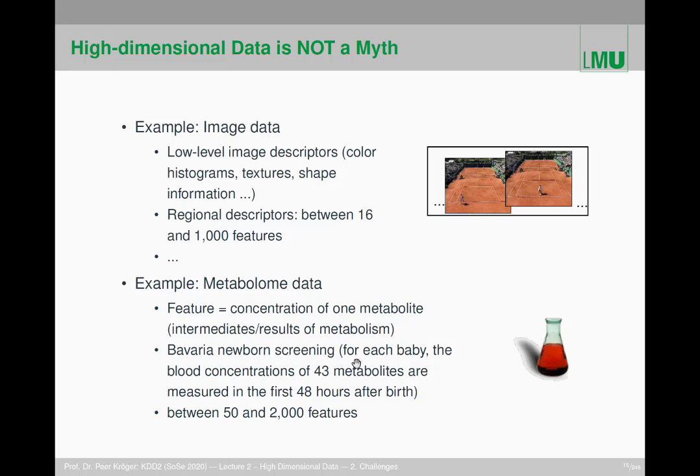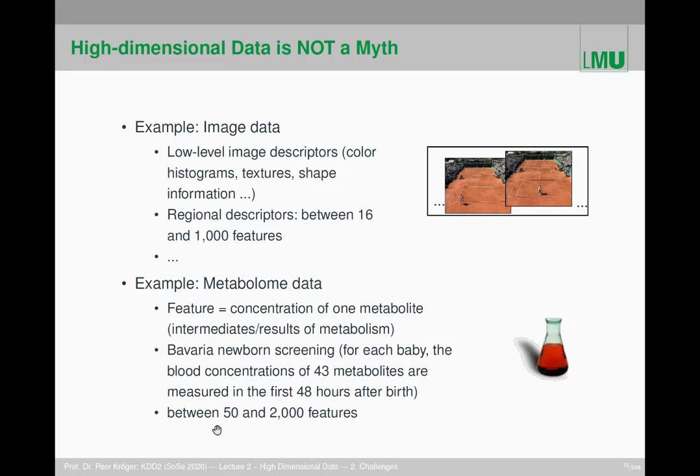In Bavaria, I think it's still active, for each baby they take the blood and measure the blood concentrations of 43 of those metabolites within the first 48 hours after birth. From those concentrations, they want to derive patterns for metabolic diseases.